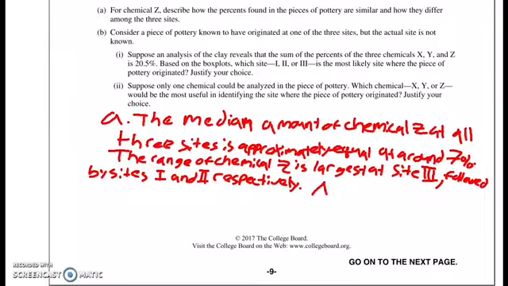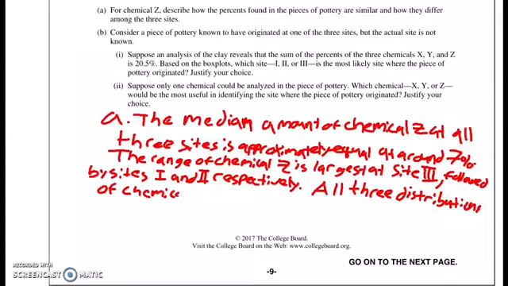So all 3 distributions of chemical Z contain no outliers.